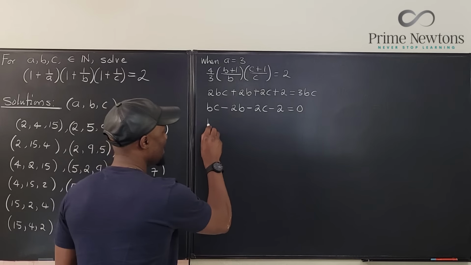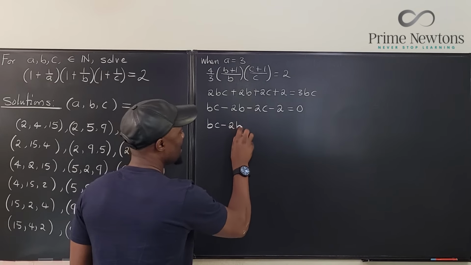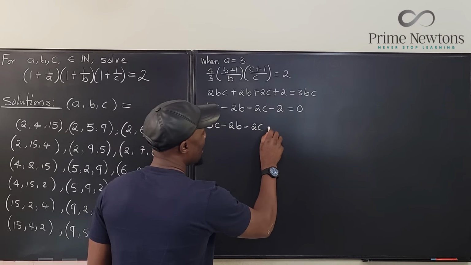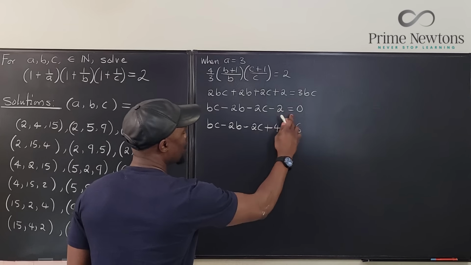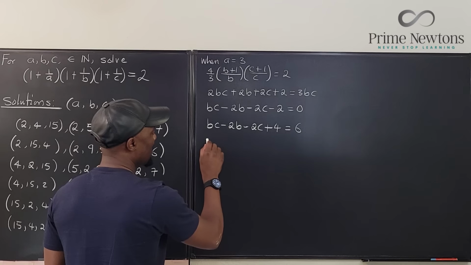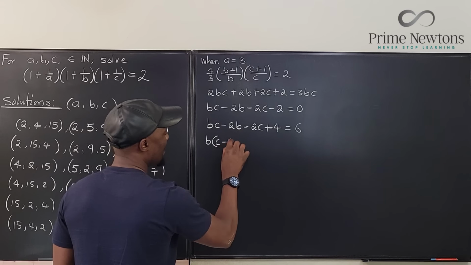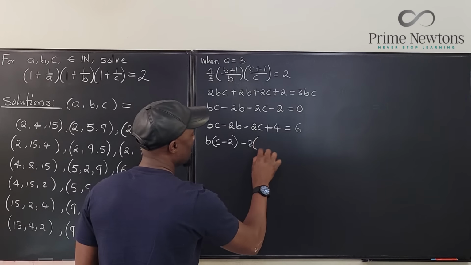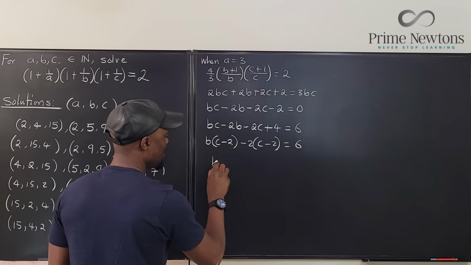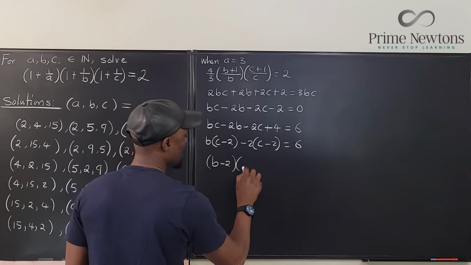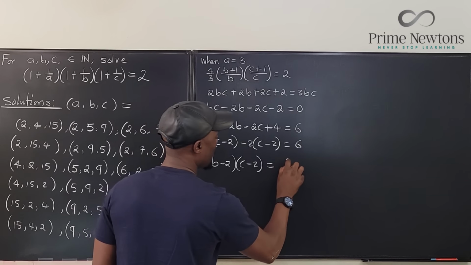So I'll end up with BC minus 2B minus 2C plus 4 is equal to 6. I've added 6 to both sides here. So now I can factor. B is common, so I have B minus 2 times C minus 2 is equal to 6.